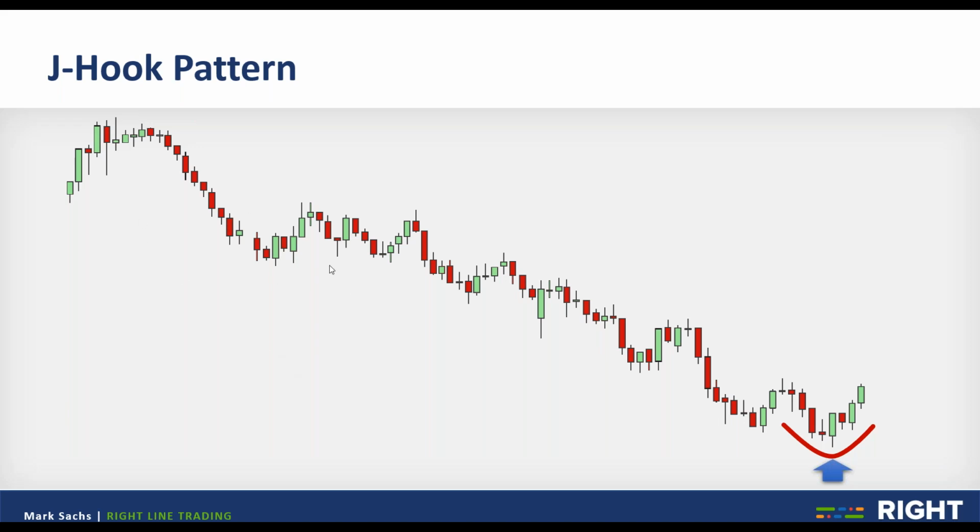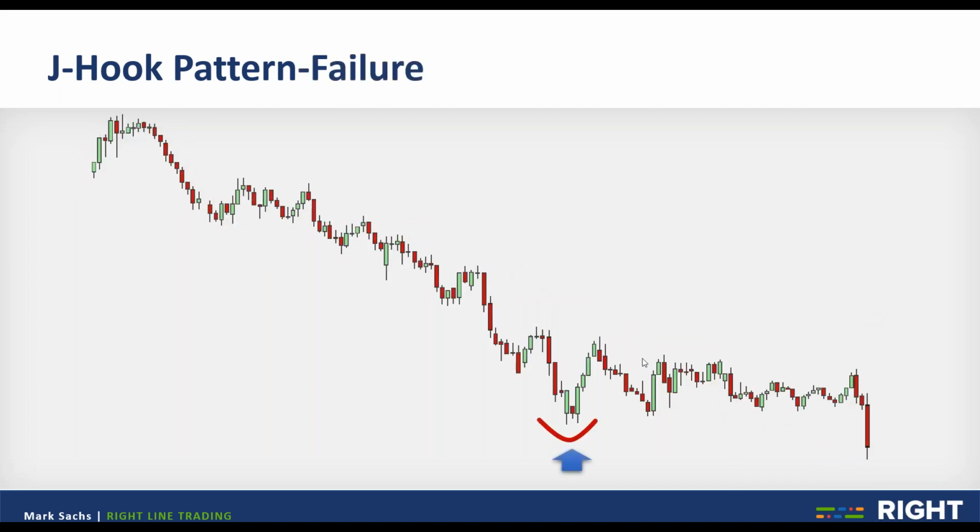And it made multi-month, if not multi-year lows. It hit support. The premise is that buyers are going to come in. You're going to see those buyers come in based on these candlestick patterns, and they're going to create that J pattern or fish hook, and you're going to move up from there.